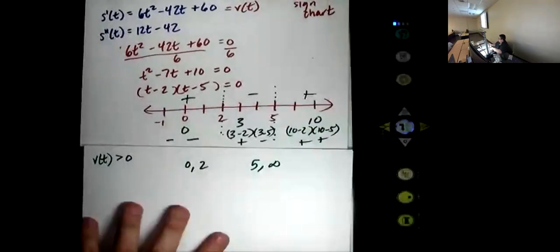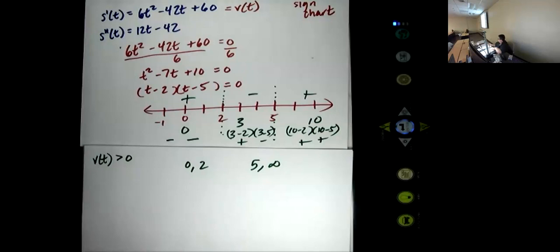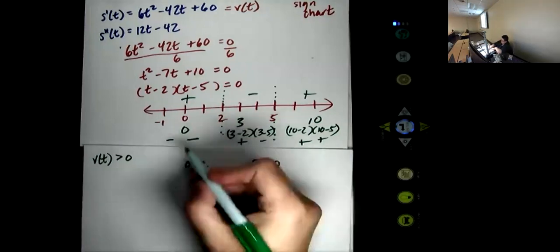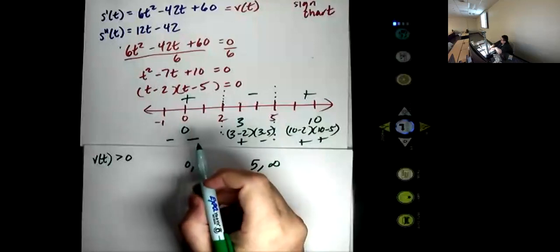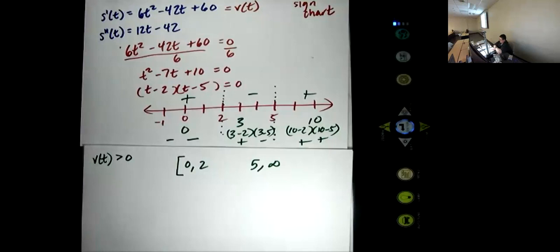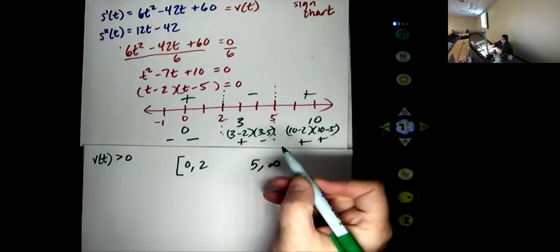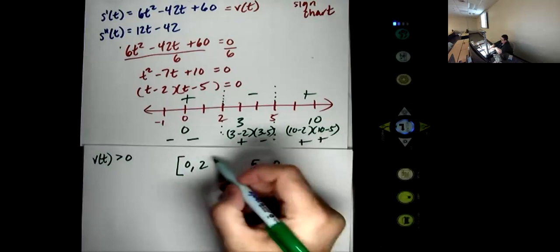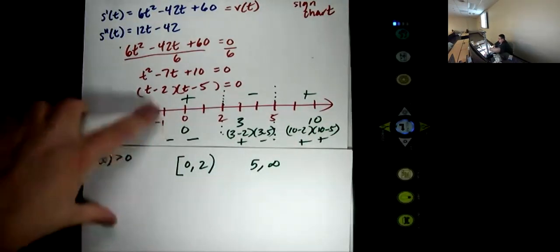All right, symbolically, what do we have going on here for interval notation? What goes before the 0? Bracket. Why? It's included. What do I put after the 2? It's a parenthesis. We said this is where we found it at 0.